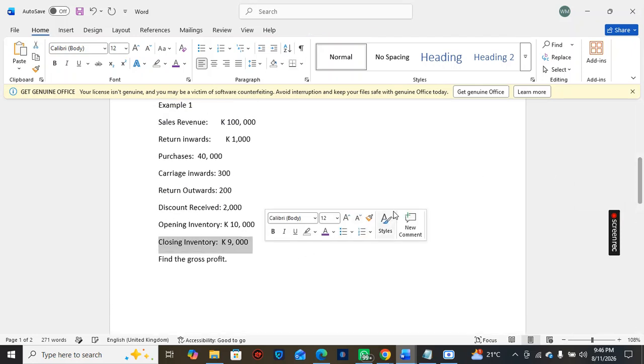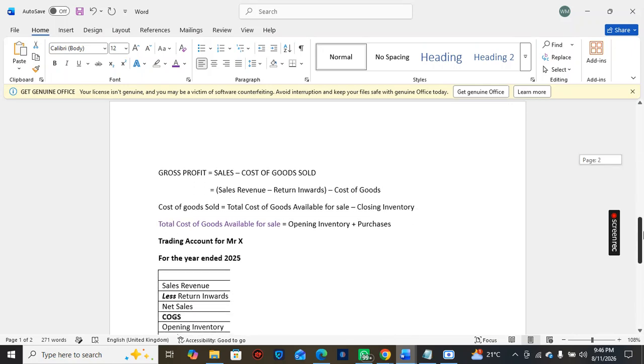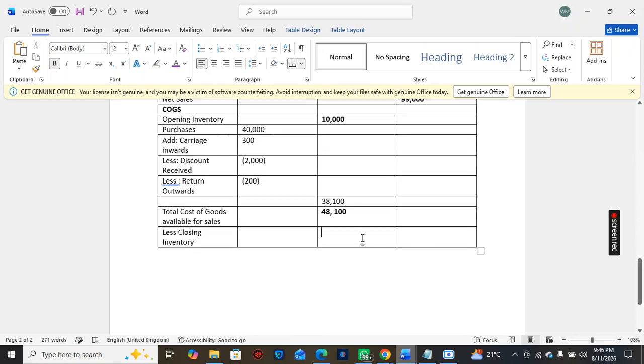Closing inventory 9,000. So at the end of the month, we had cement worth 9,000.